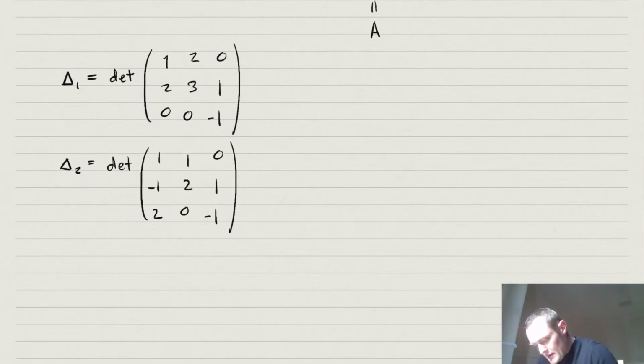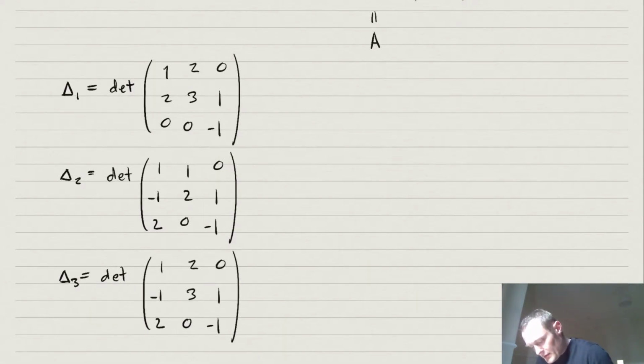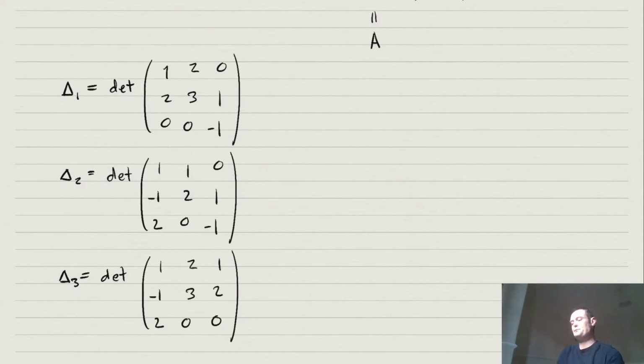And then finally, determinant number 3 is the determinant of the matrix, but with the third column replaced with that vector. So 1, 2, and 0 in the third column.